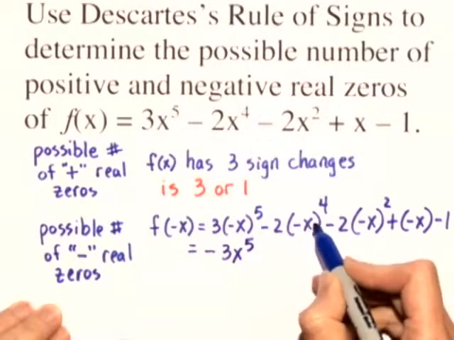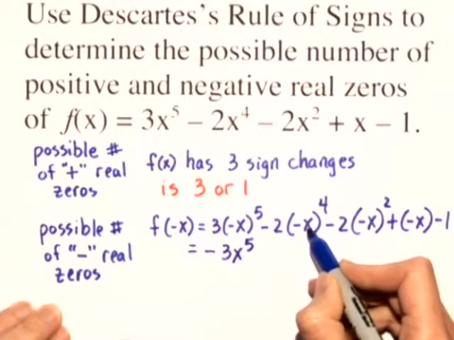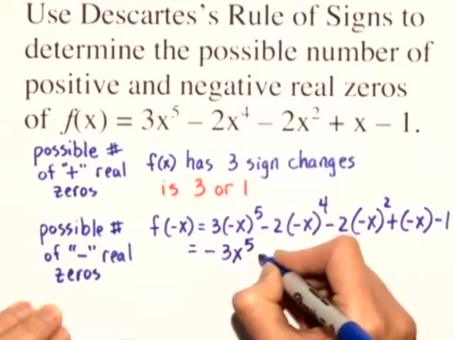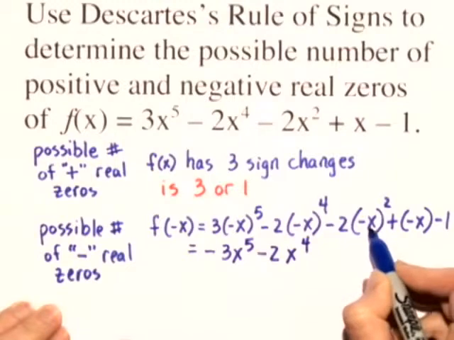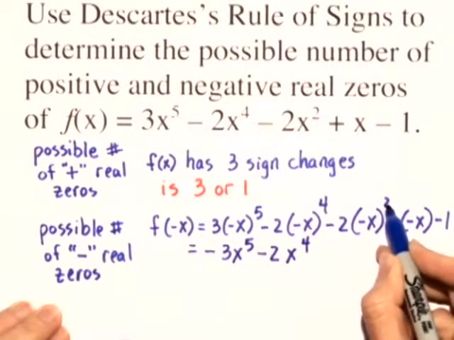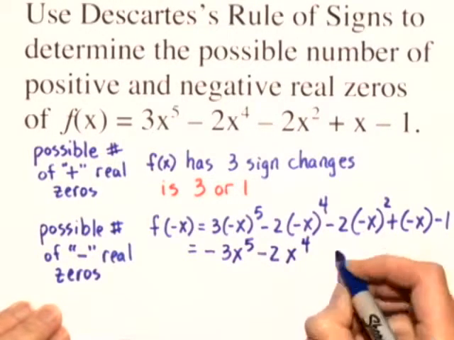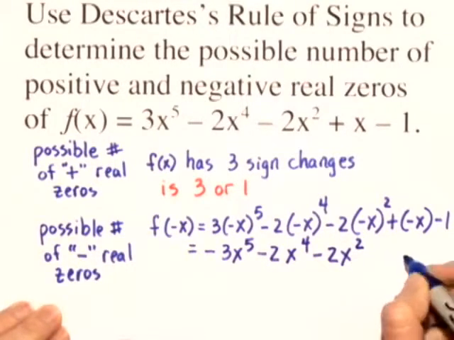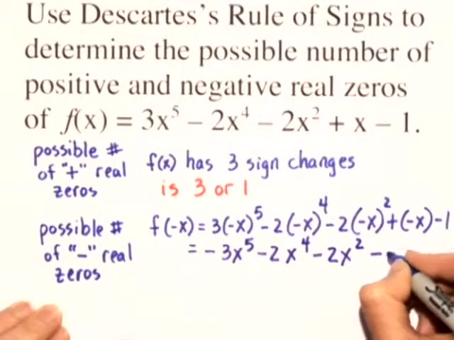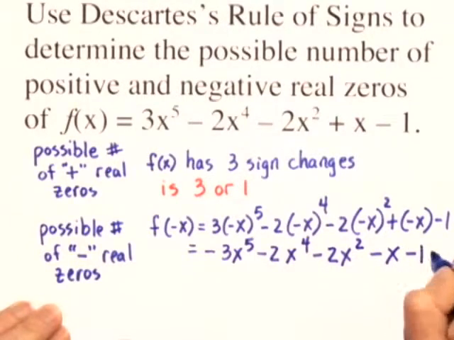When I take negative x to the fourth, that becomes positive x to the fourth. So this stays negative 2, and that's positive x to the fourth. When I take negative x and I square it, that becomes positive x squared. So I have the negative 2 times positive x squared plus negative x becomes minus x minus 1.